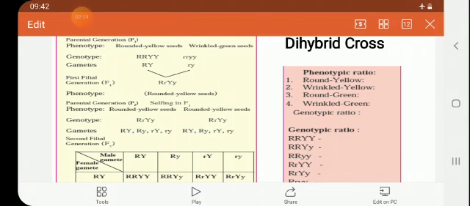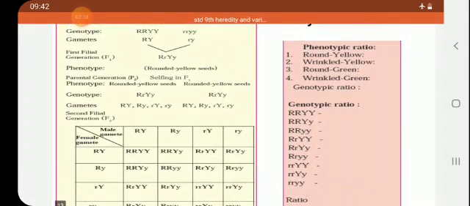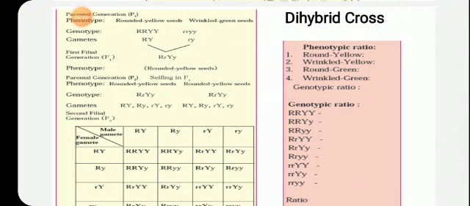When the first filial generation F1 becomes the parent in the P2 generation, there is again selfing, meaning both the parents are crossed, each with genotype capital R, small r, capital Y, small y.